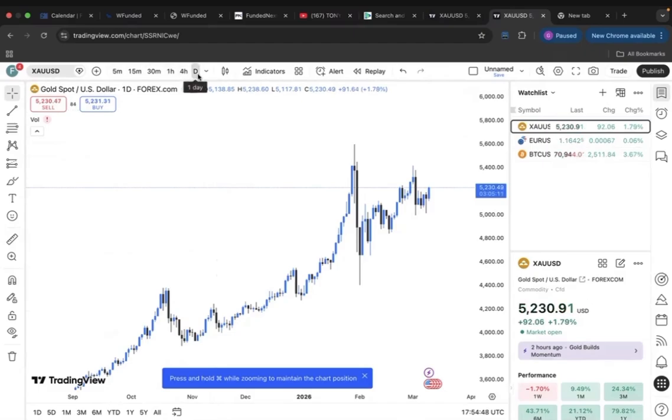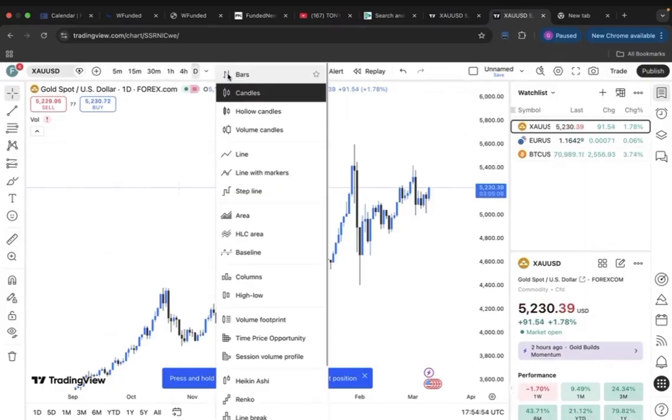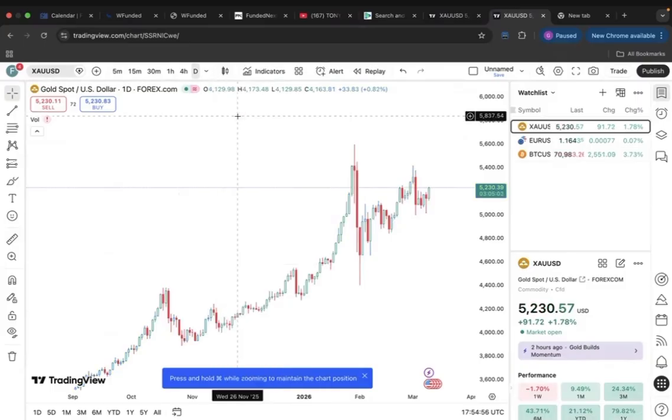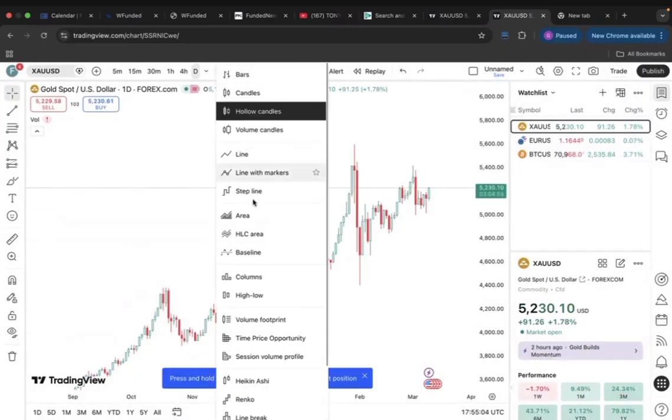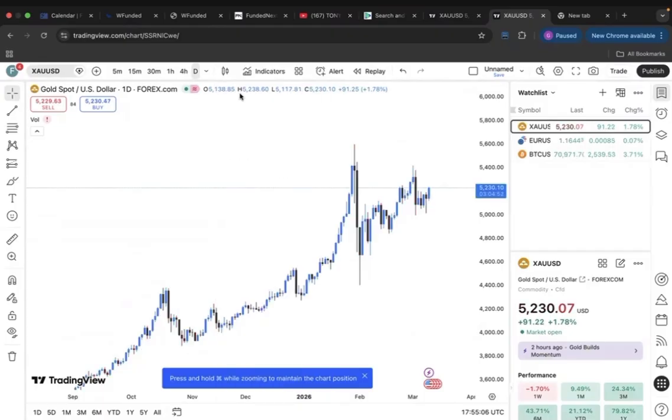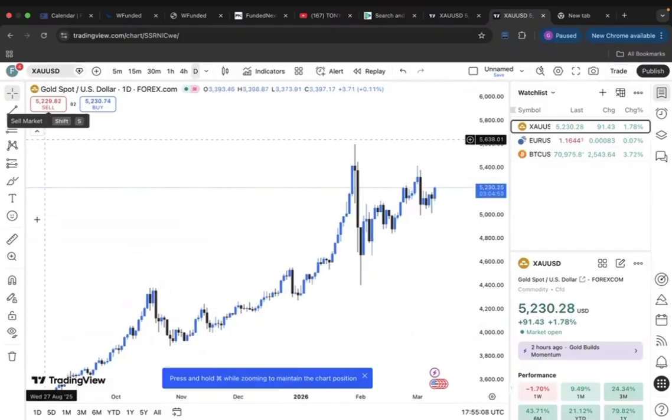Then we have various types of candles, and I make use of Japanese candlesticks.